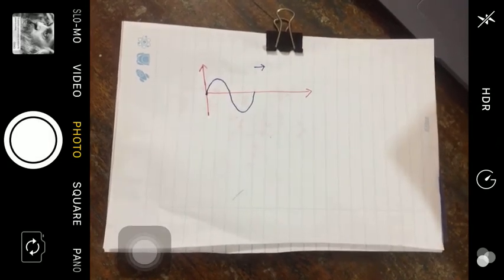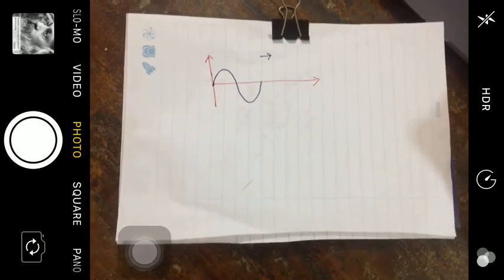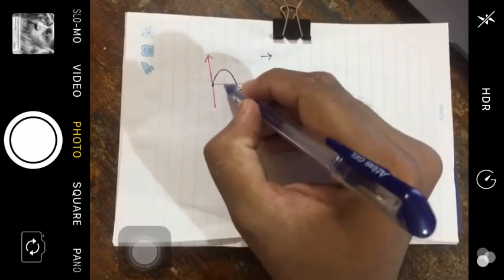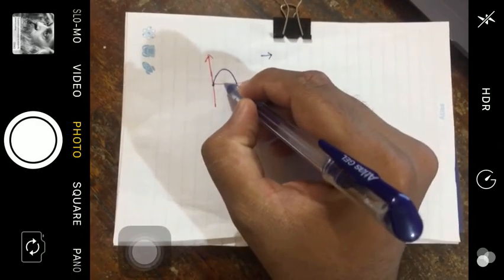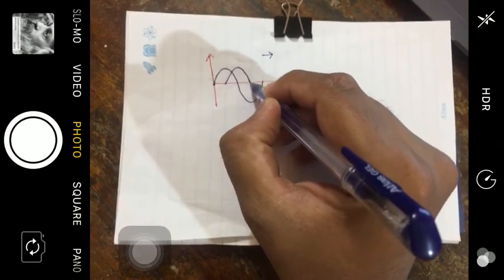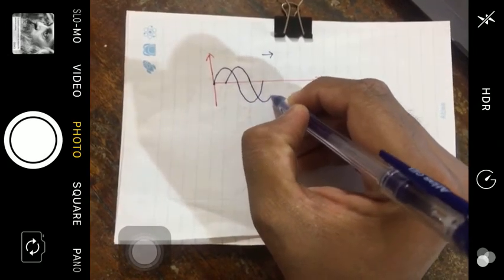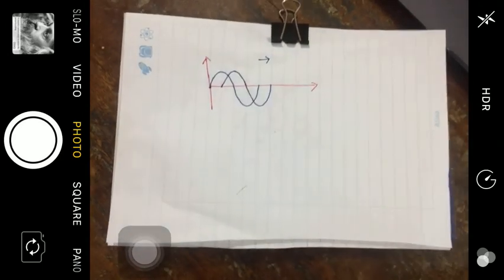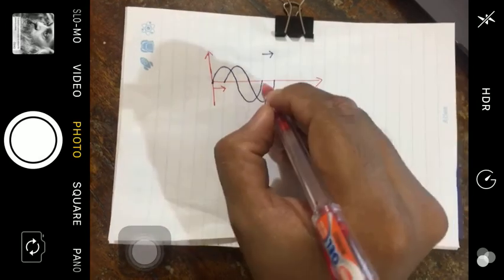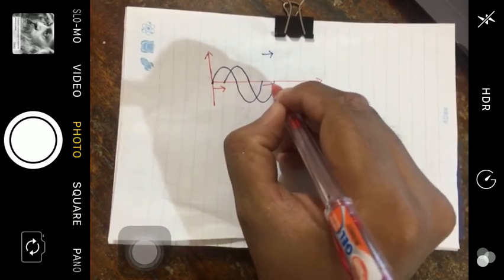In that case, after some time this entire pattern would have moved to the right, because the wave is traveling to the right. See, this point has moved to this.